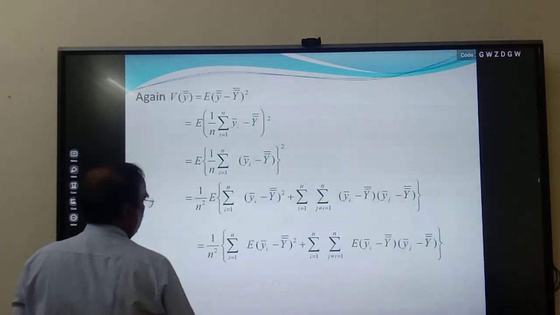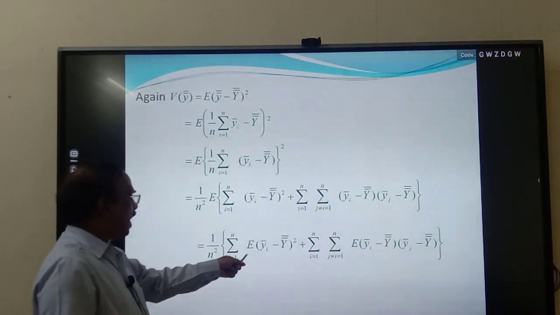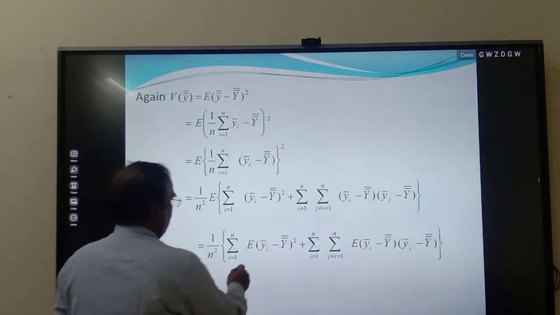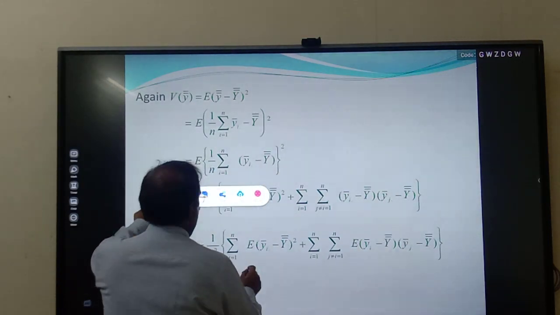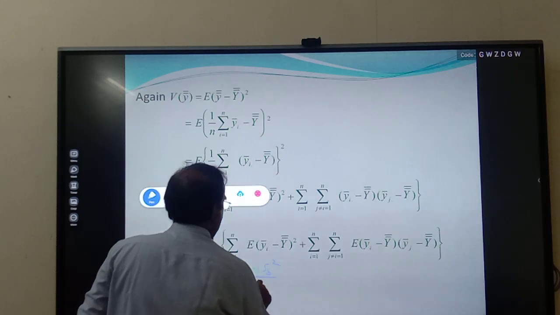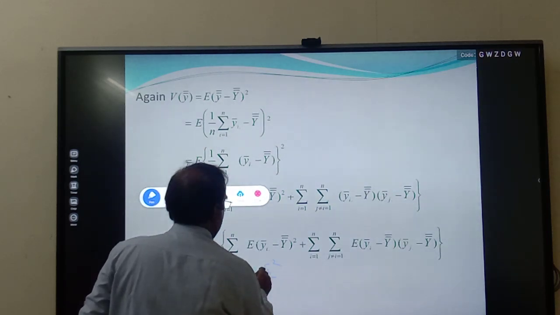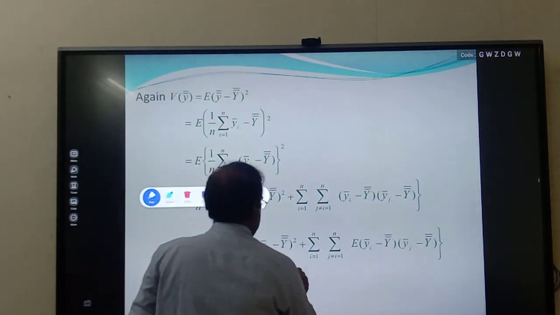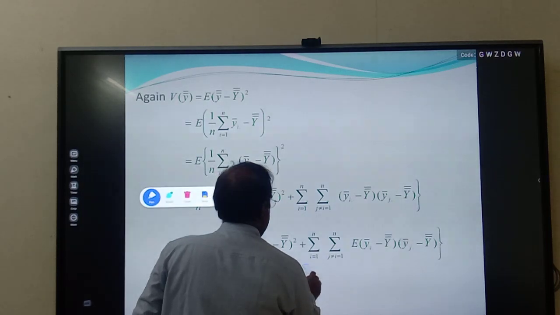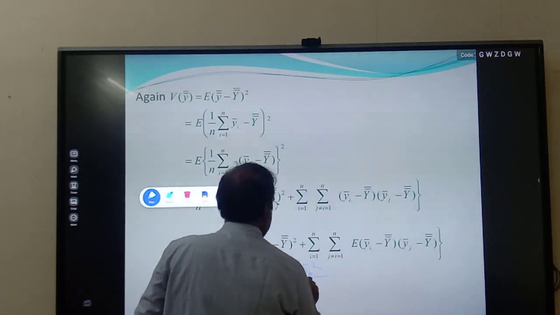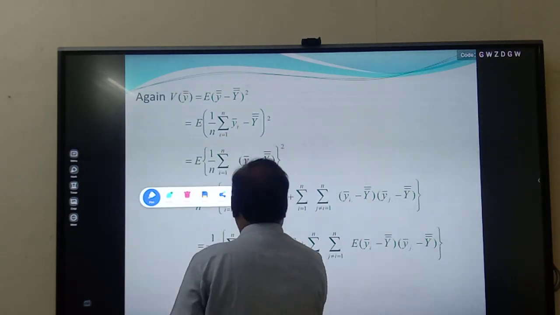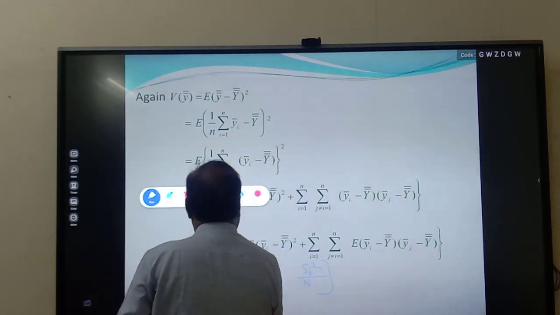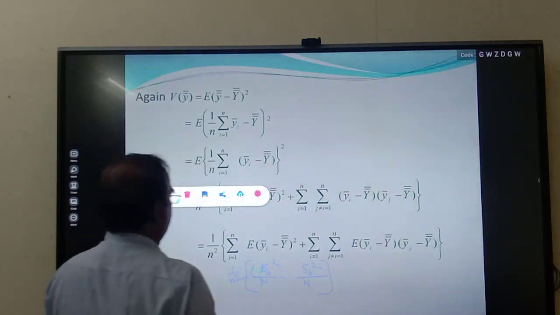So here we are writing as n minus 1 SB square by n, minus this SB square by n, minus SB square by n, and multiply it by 1 by small n square.